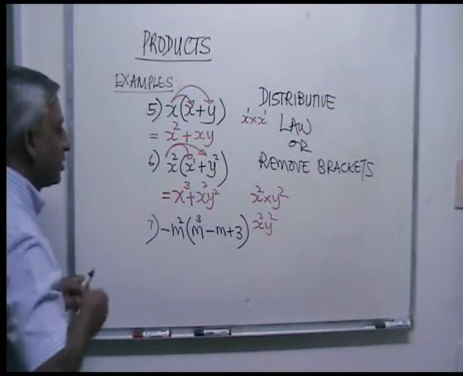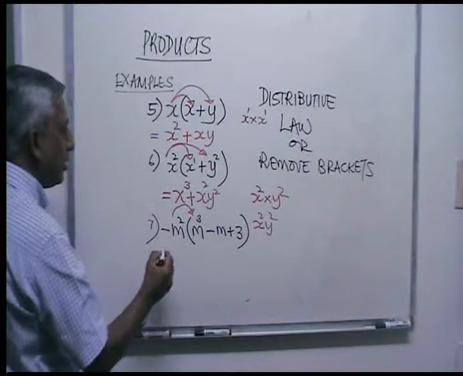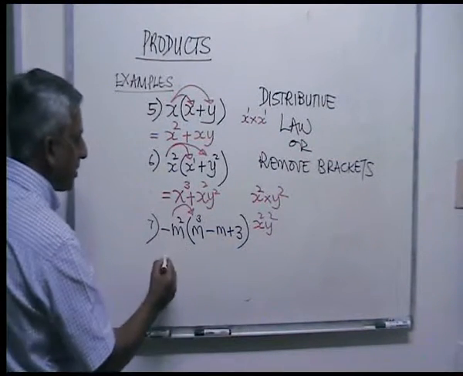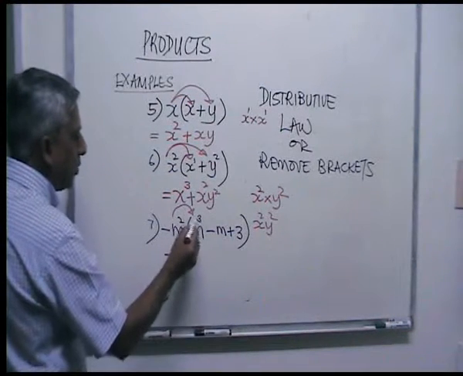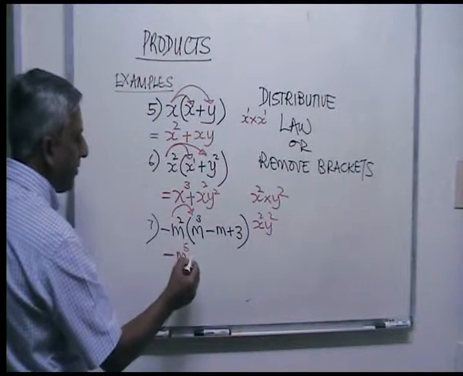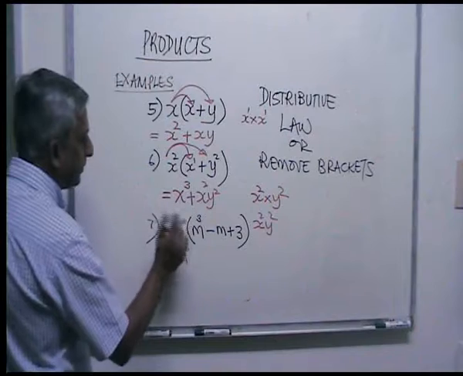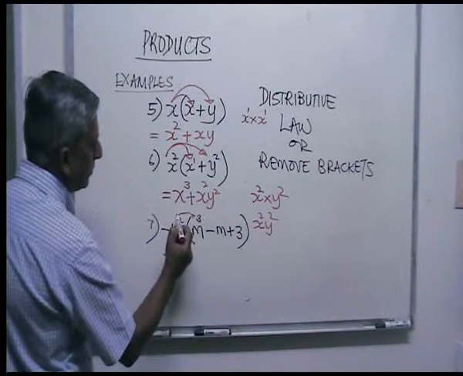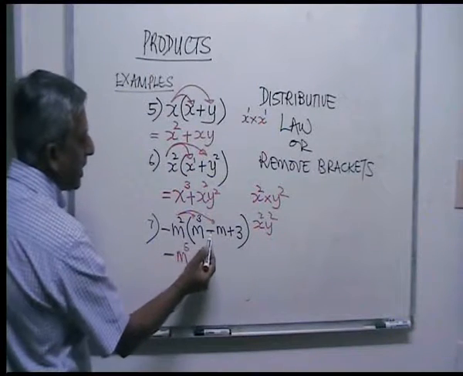So you're going to multiply, distributive law, minus m times m cubed. So minus times plus will give you minus. Write down m. 2 plus 3 will give you 5. Then we're multiplying these two. Minus m squared times minus m.